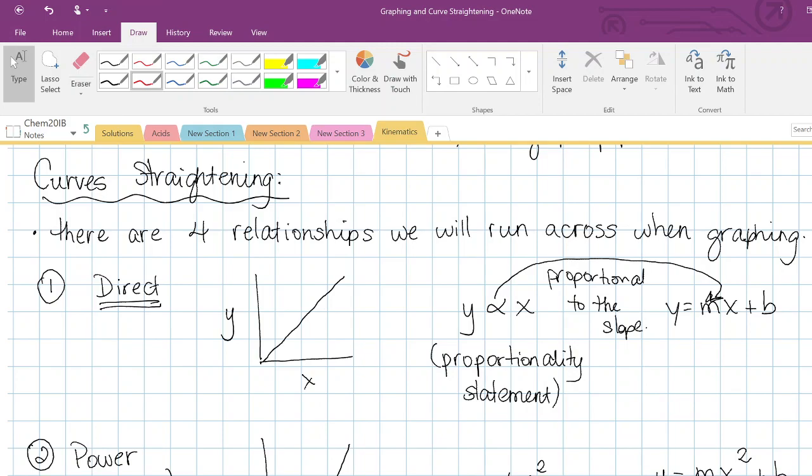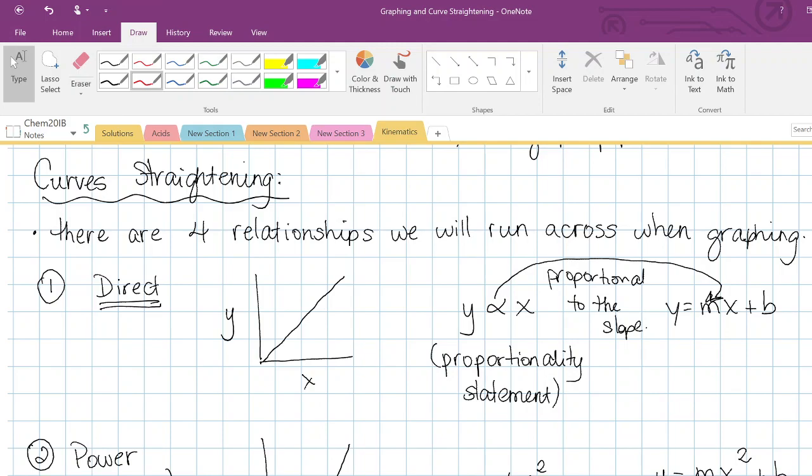The reason is that what we generally want to do with graphs is we want to be able to interpolate data. We want to be able to figure out down the road what am I expecting my data to do? And that's a very hard thing to do when your trend is a curved line, because there is a lot of discrepancy as to where, once that data stops, you are going to continue drawing your line.